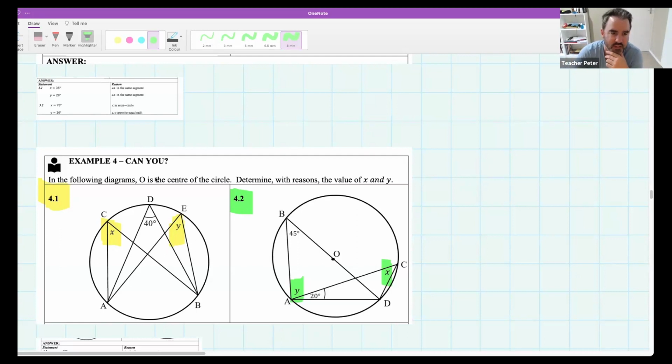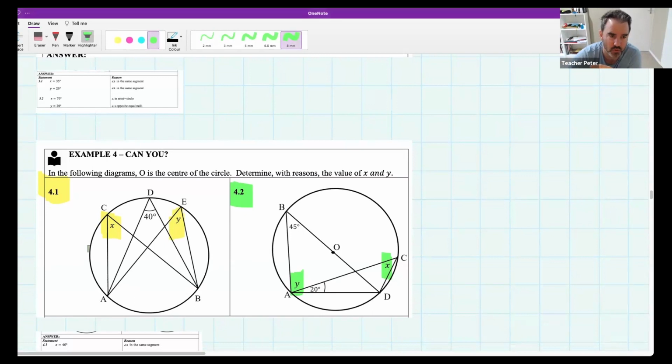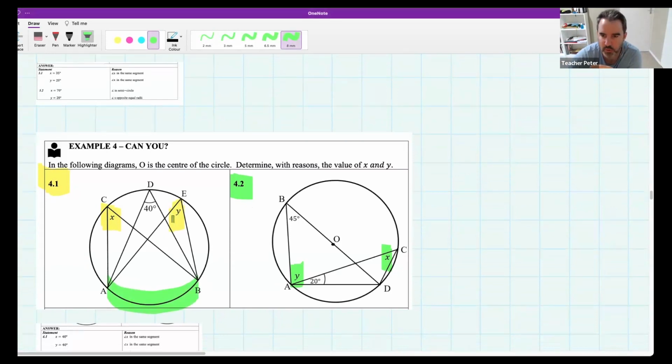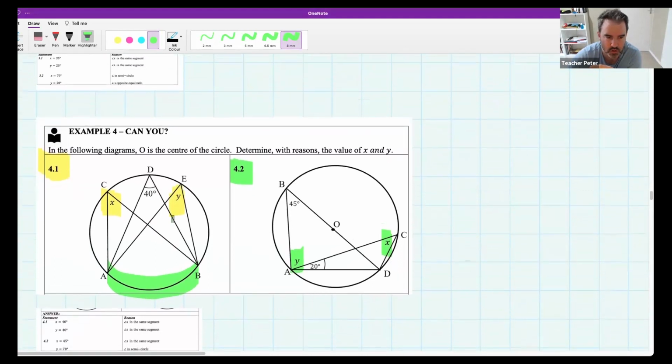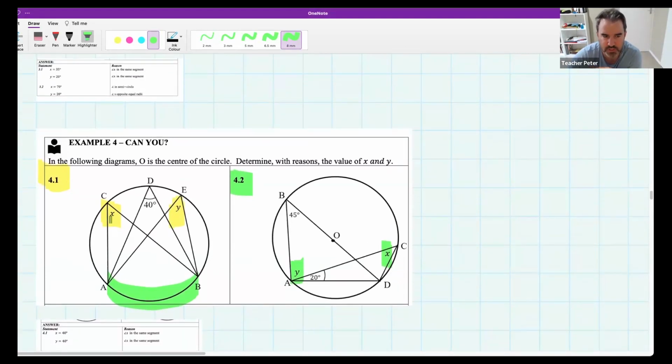Okay, so I think that x would be 40 because we are just using the arc AB, and y would be 40. So both of these will be 40, and it'll just be angles in the same segment. Now, what's more interesting is the second one.